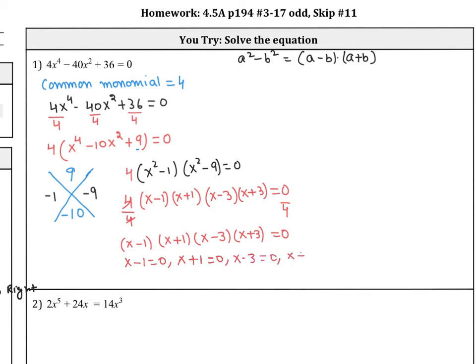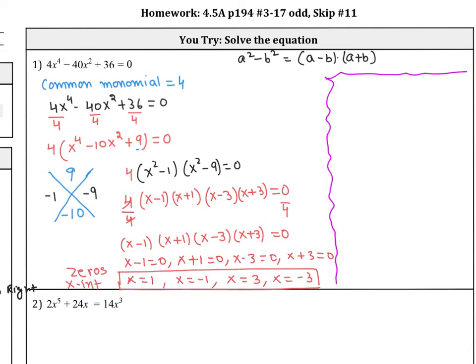Those values are the x-intercepts. x equals 1, x equals negative 1, x equals 3, and x equals negative 3. These x values are called x-intercepts or zeros.